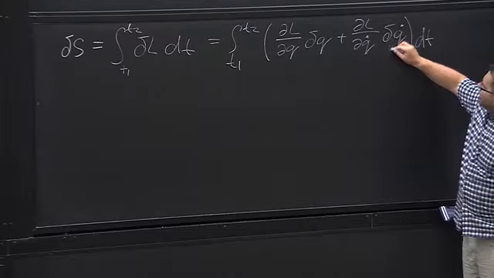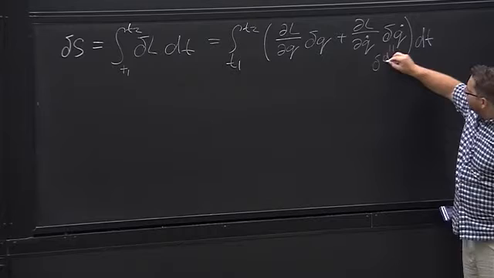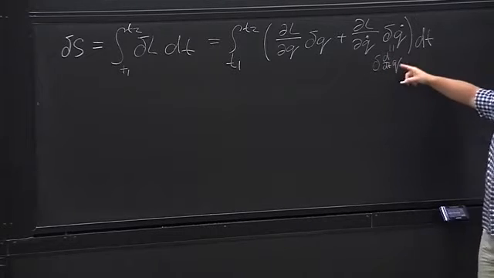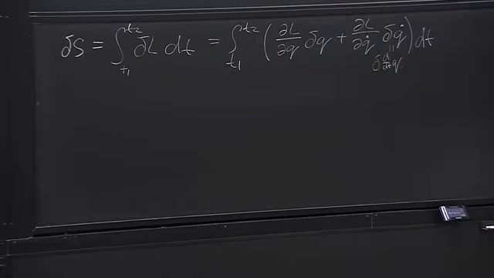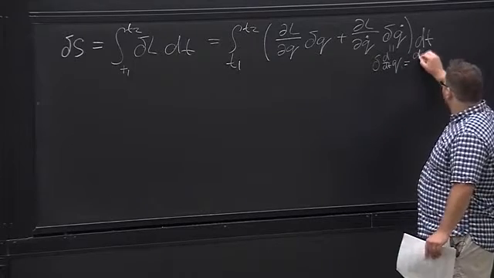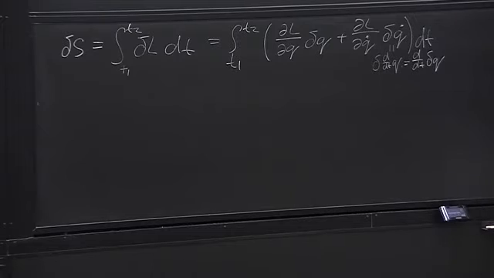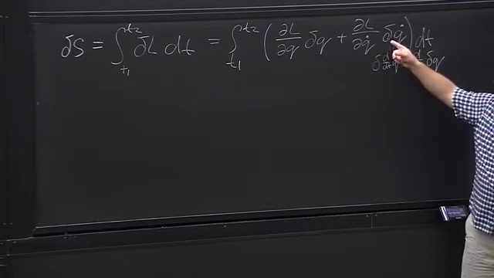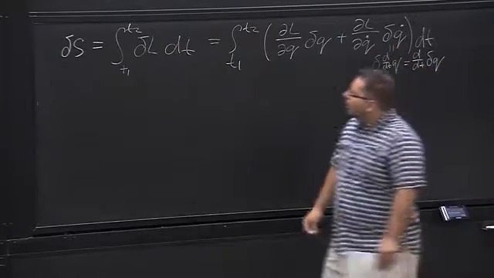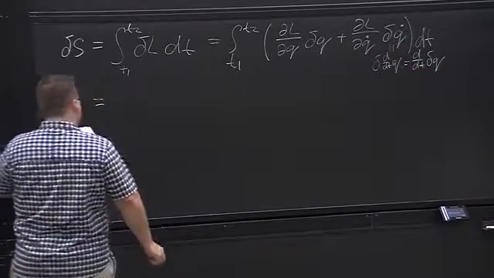So now, what is this thing here? It's delta of d over dt of Q, right? So it's Q dot, so it's dQ over dt. And I can swap the two, so I can write this as d over dt of delta Q, using that property. And then I want to integrate by parts. So I have the derivative here, and I want to shift this time derivative from this term to that term. Of course, I'm picking up the minus sign and the boundary term.